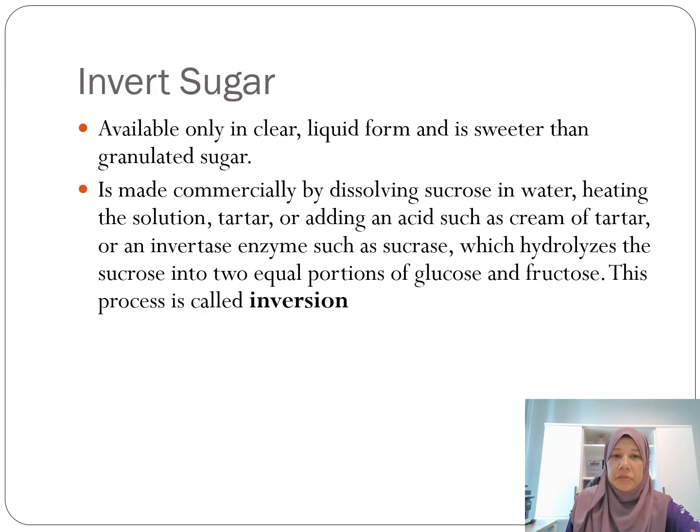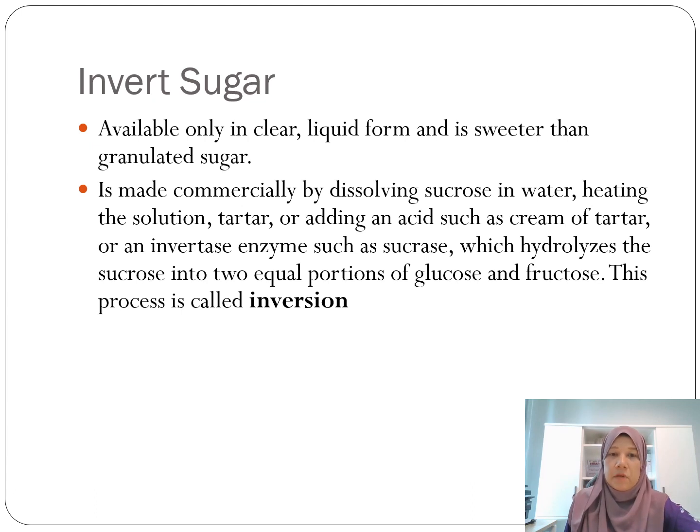Invert sugar is normally available in clear liquid form, and it is sweeter than granulated sugar. This invert sugar is commercially made by dissolving the sucrose in water. Then they heat the solution, and they add the cream of tartar, or they put in an enzyme.